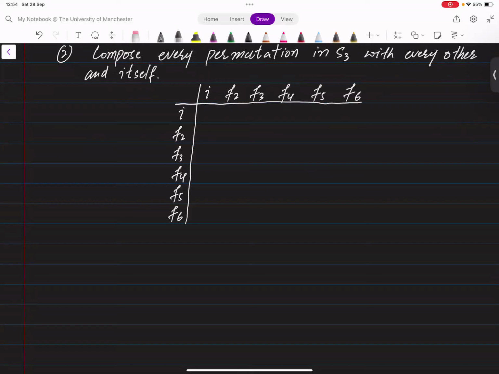Right? And if you compose I with I, then you will get I. Compose I with every other permutation, you will get the same permutation.